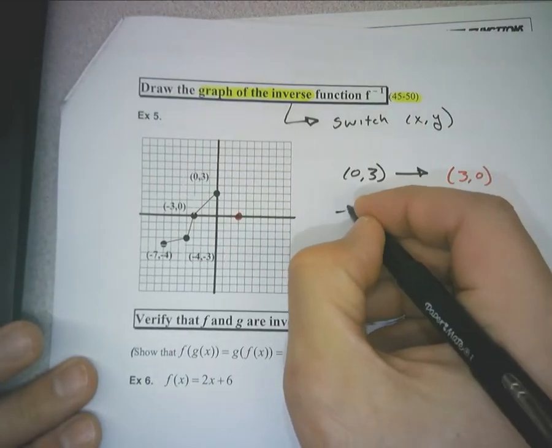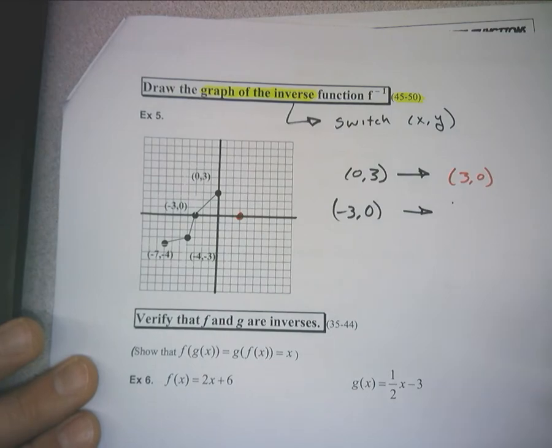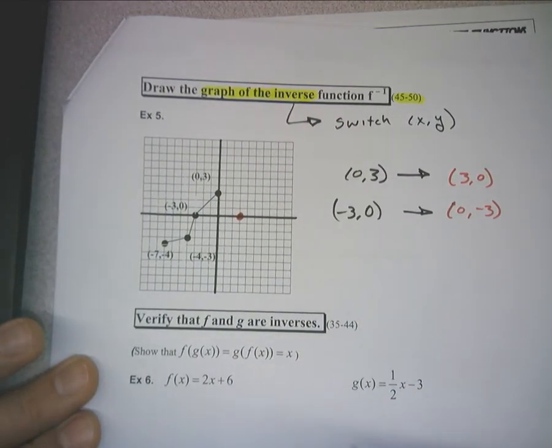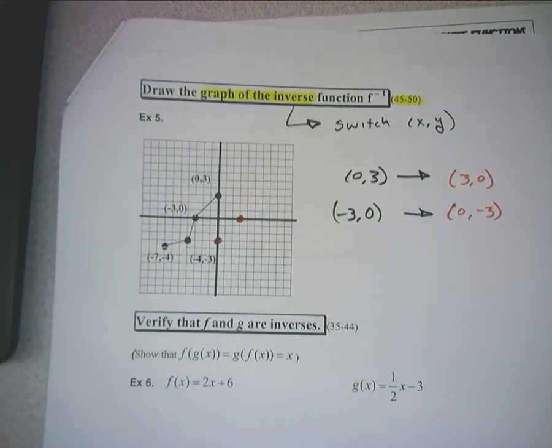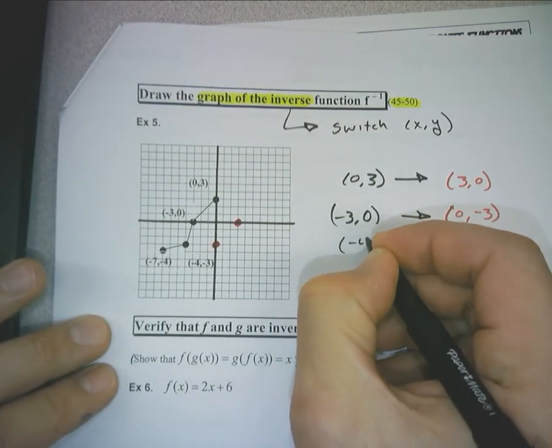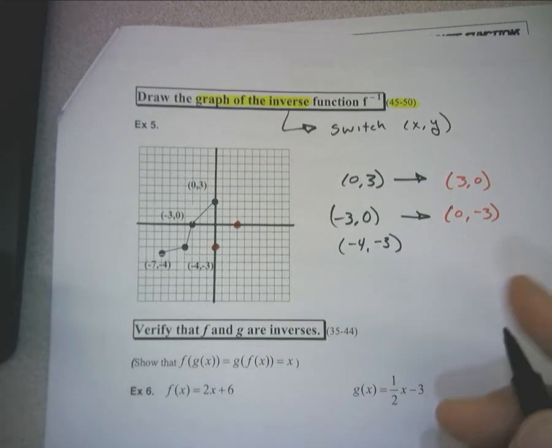I've got negative 3, 0. Switch those guys, it is now 0, negative 3. Uno, dos, tres. There's your German lesson for today. I got negative 3, negative 4.